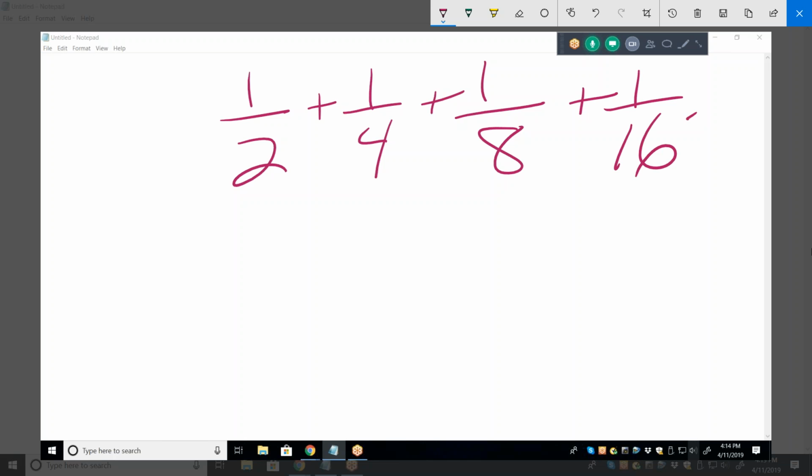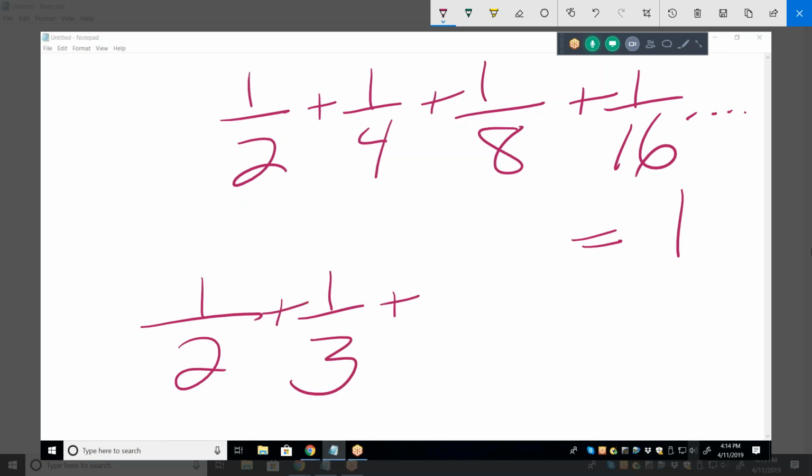We know that that thing goes to 1, right? What do you suppose this one does? Believe it or not, that goes to infinity.